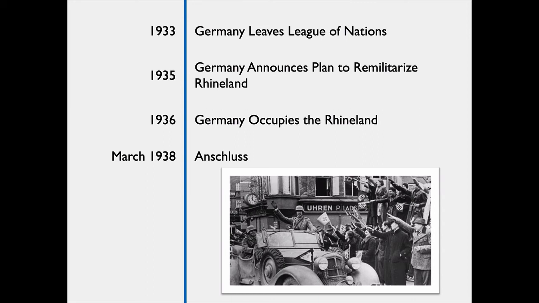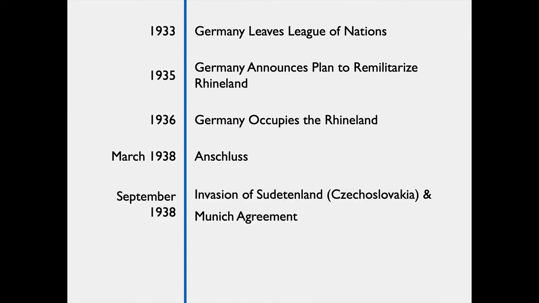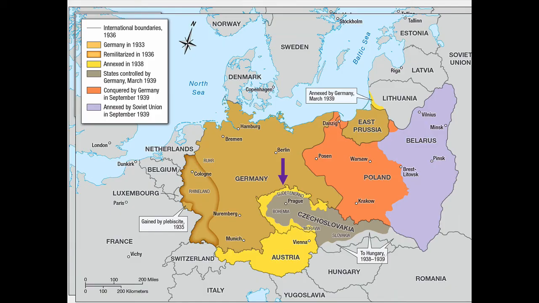And this perhaps emboldened the Nazis so that in September of 1938, they would invade a territory known as the Sudetenland. It was part of Czechoslovakia. And you can see the Sudetenland here. It's the crescent-shaped portion of the Czechoslovakian state that was ethnically German.